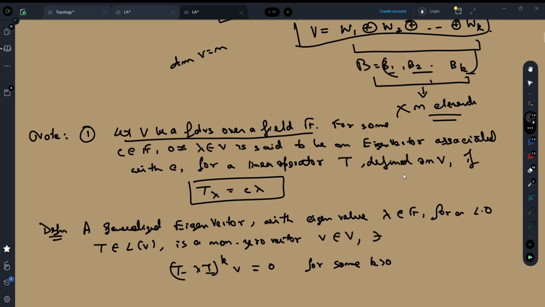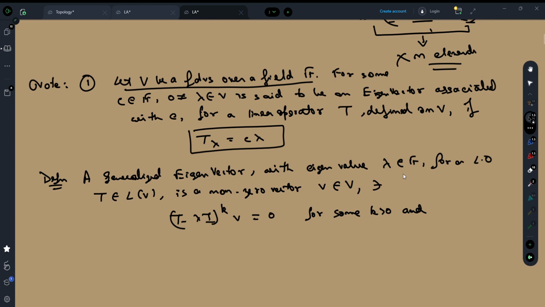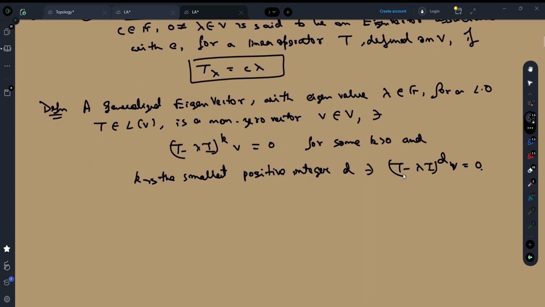where K is the smallest positive integer D such that (T minus lambda I) to the power D of V is 0. That is, K is the smallest positive integer for which this happens.